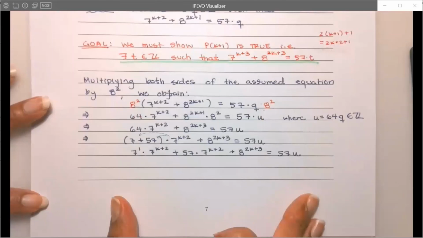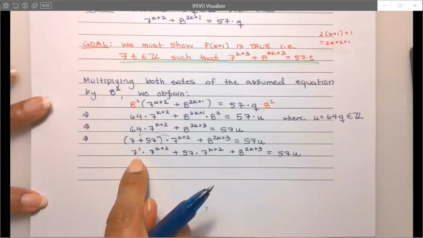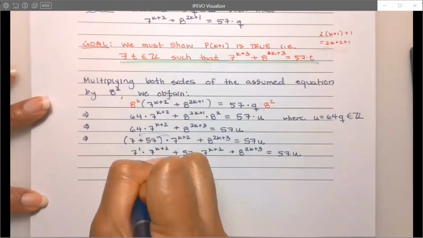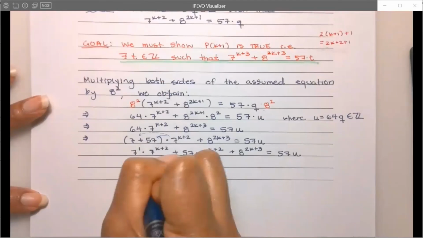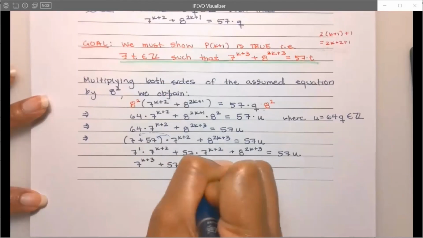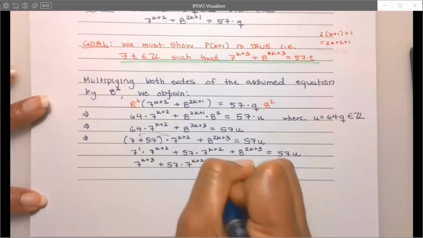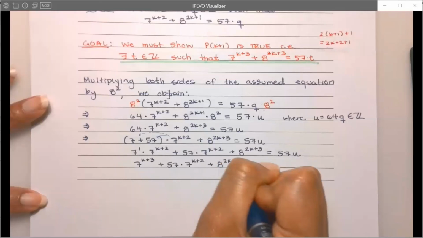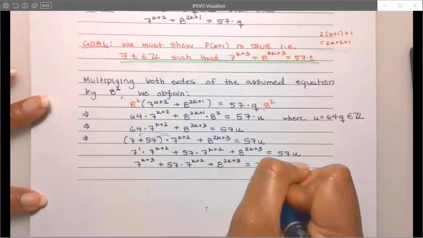All right, now because these two have the same base, we can add the exponents together, and we get a 7 to the k plus 3 plus 57 times 7 to the k plus 2 plus 8 to the 2k plus 3 is equal to a 57u.